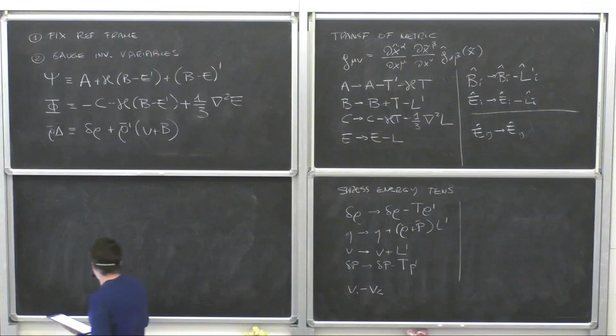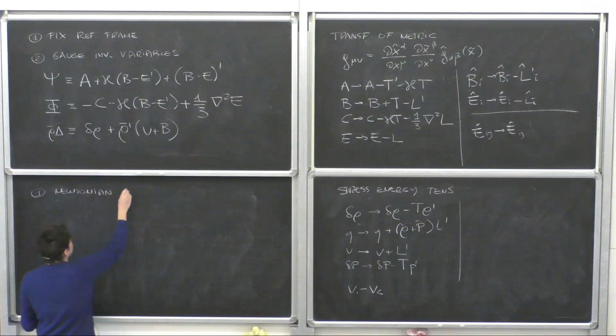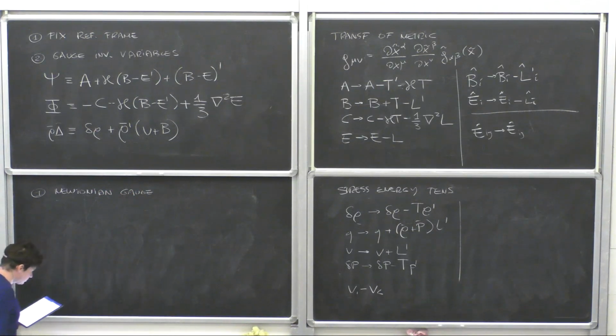So the first reference frame that people use all the time, and that we'll use basically for analytical calculations, is the Newtonian gauge. Which is the reference frame in which my equations, or metric fluctuations, look Newtonian.